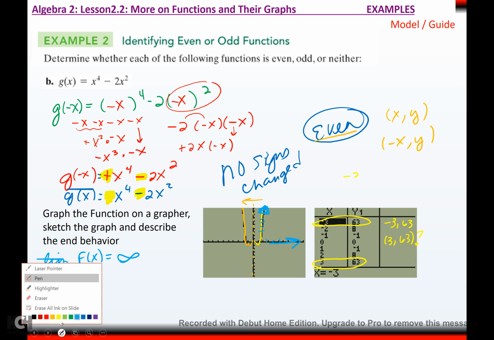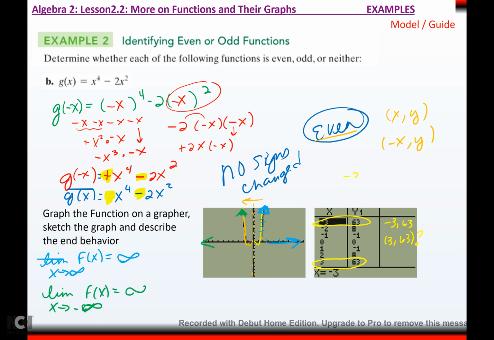Okay, for the limit as x approaches negative infinity, you're going this way, and you're looking at the arrow, which is also pointing up. So the limit as x approaches negative infinity, my function is approaching positive infinity. If I pick lower and lower x's, I still get higher and higher y values. Okay, so there's our end behavior.